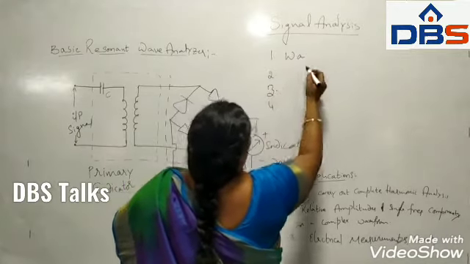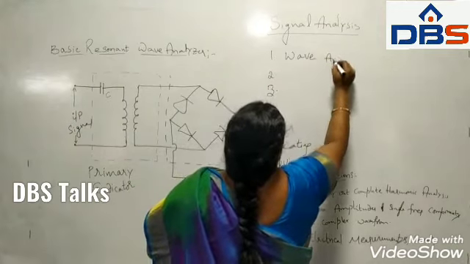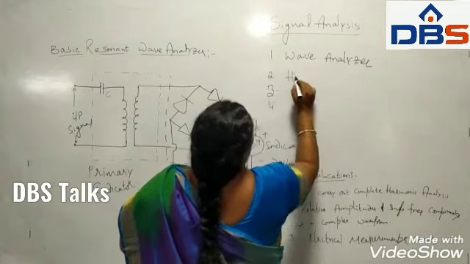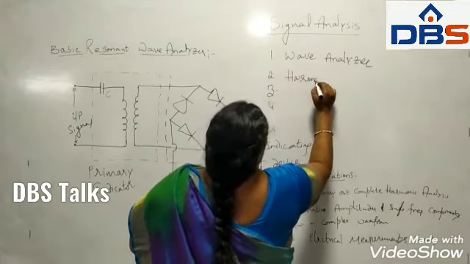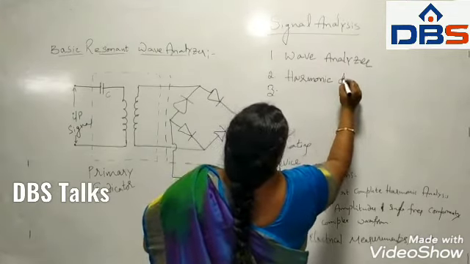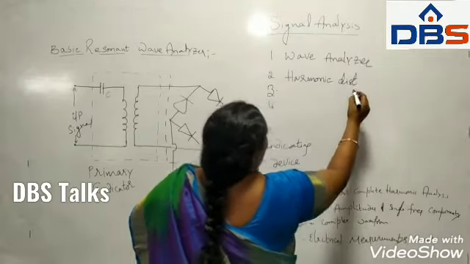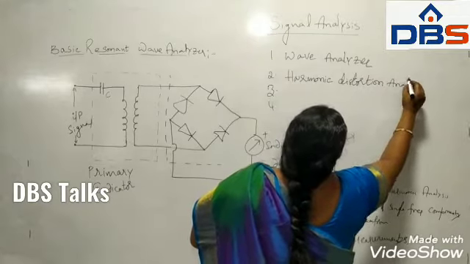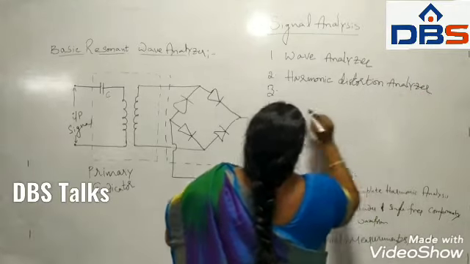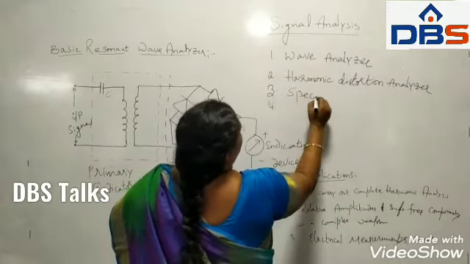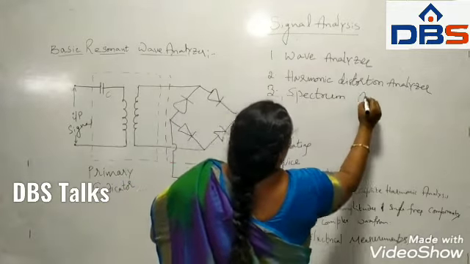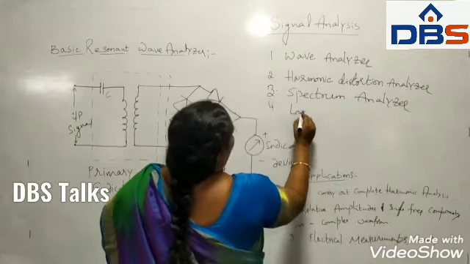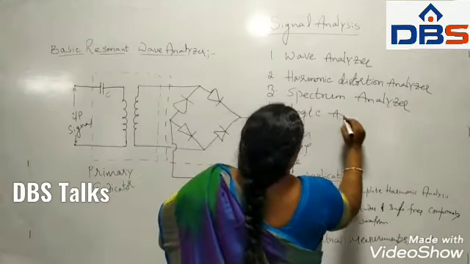We have to take the wave analyzer, the harmonic distortion analyzer, the third one is the spectrum analyzer, and the fourth one is the logic analyzer.